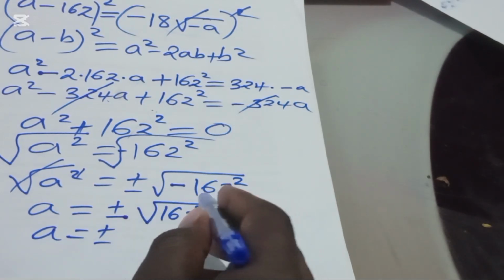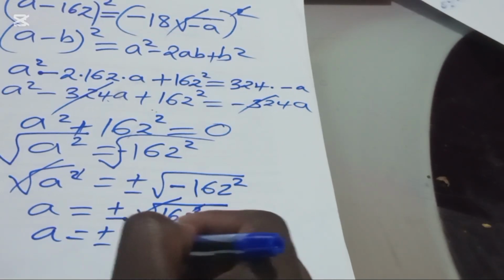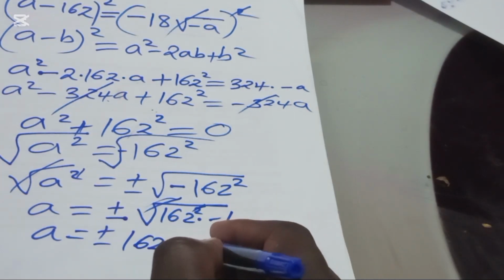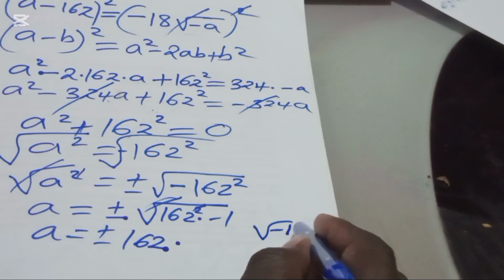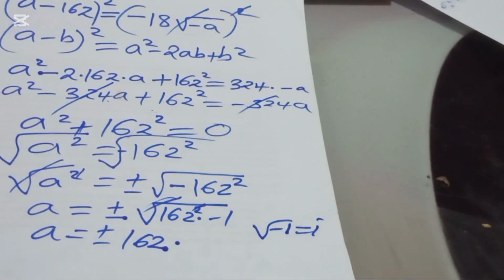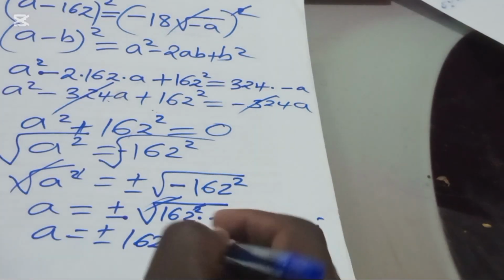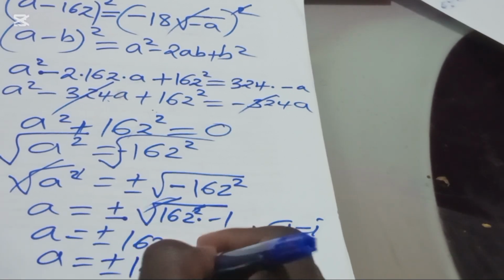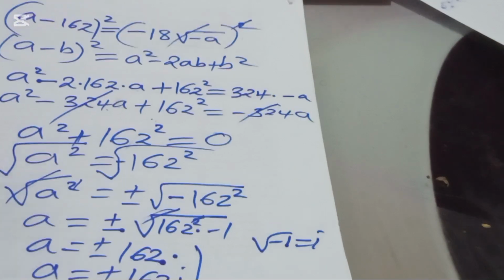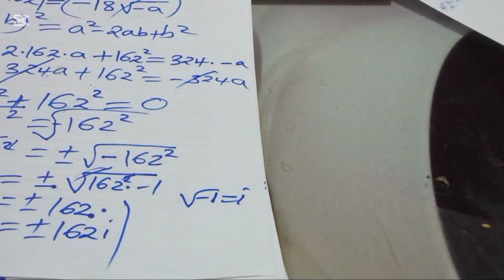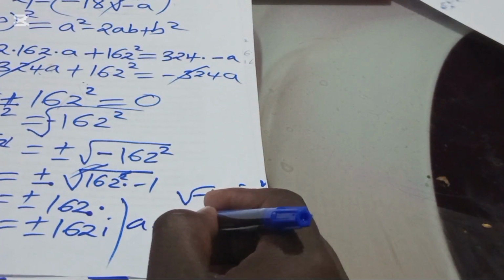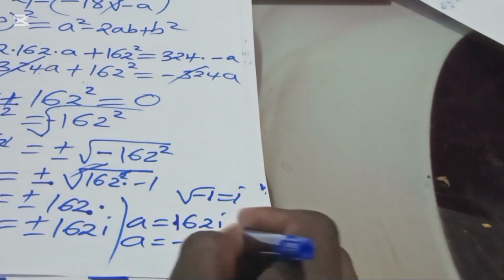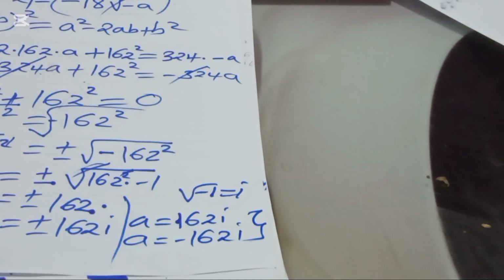The square root of 162 to power 2 is 162, multiplied by the square root of negative 1, which is simply i, a complex number. So a is equal to plus or minus 162i. We have two values of a: one is 162i, and the other is negative 162i. These are the two possible values of a.